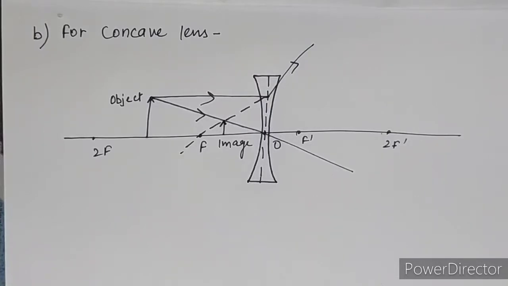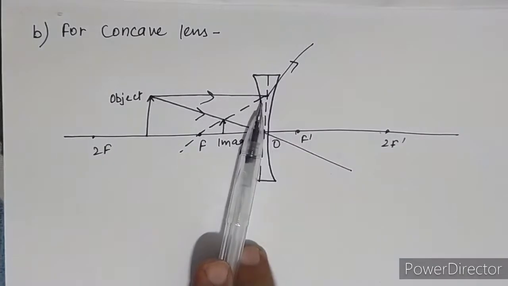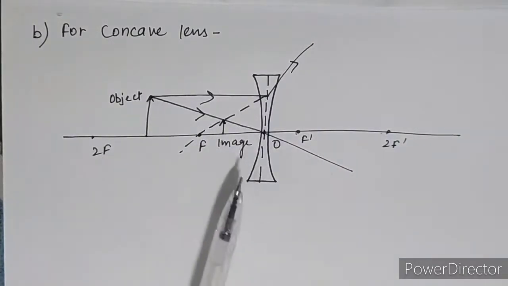Okay, so we have studied the three rules. First, when the incident ray is parallel to the principal axis, it passes through the focus after refraction. Next, when the incident ray passes through the optical center, it goes undeviated in both types of lenses. And the third one that we have used for the convex lens: the incident ray passing through the focus will go parallel to the principal axis after refraction from the convex lens.